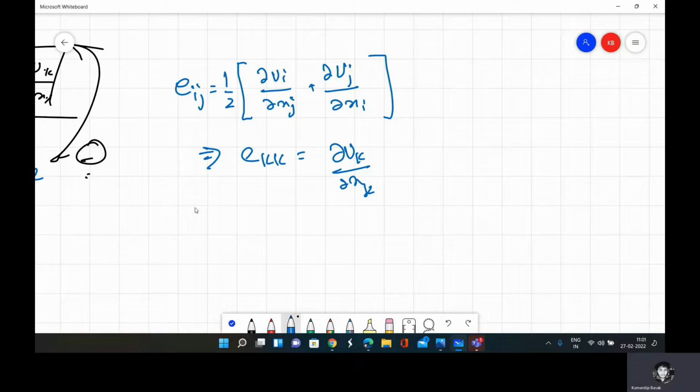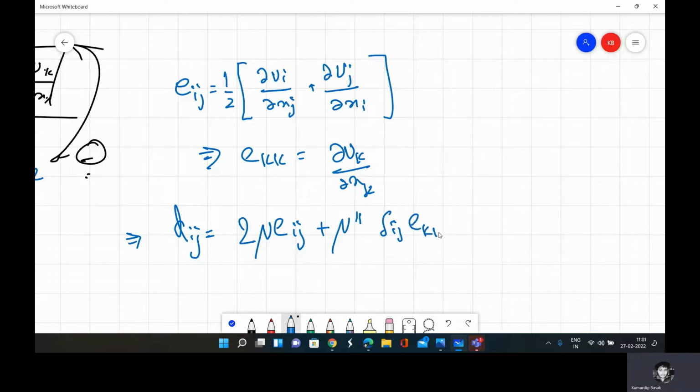Therefore, using these expressions, what we can get for dij? The dij was this part initially into mu, that was 2 mu into eij, plus there was a delta ij part into mu double dash into delta ij into ekk, right?